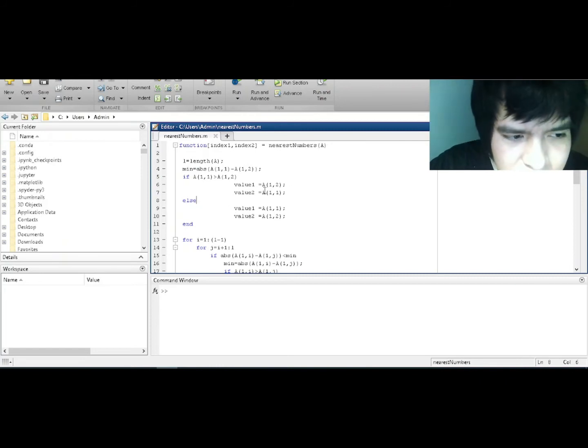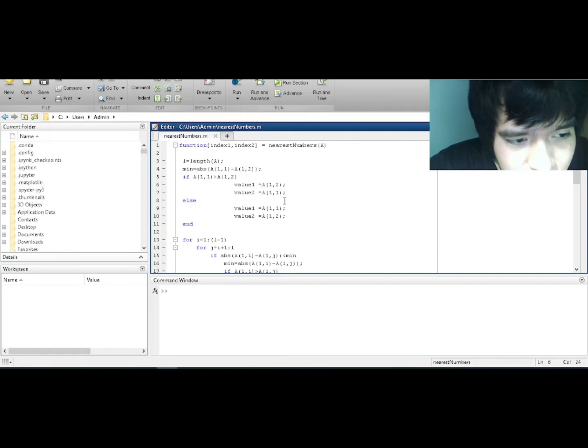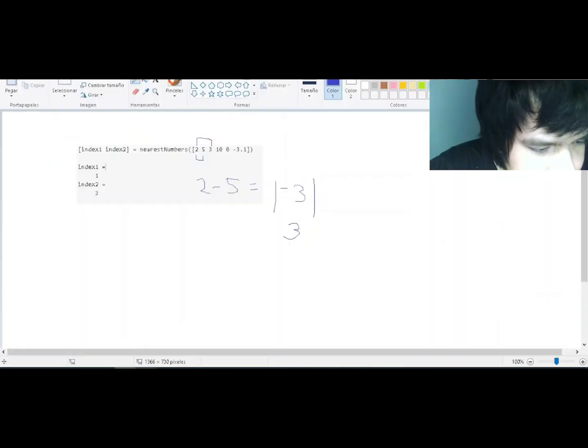And then, well, that's the way I have made this code, we are calling value 1 and value 2, just two random variables to identify the elements of a pair that has the minimum distance.